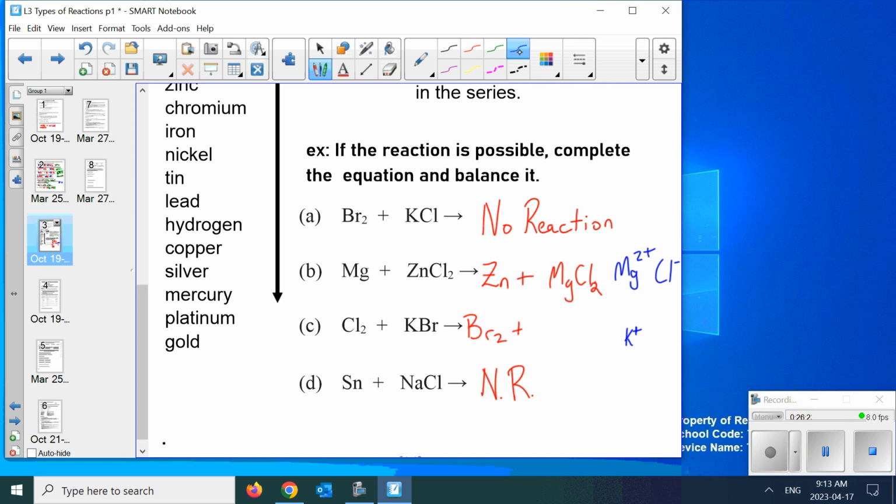Then chlorine, when it forms an ion, is Cl minus. This is easy, 1 to 1. So, KCl. Then I've got to see if it's balanced. Are you following? Okay. So, to balance this.